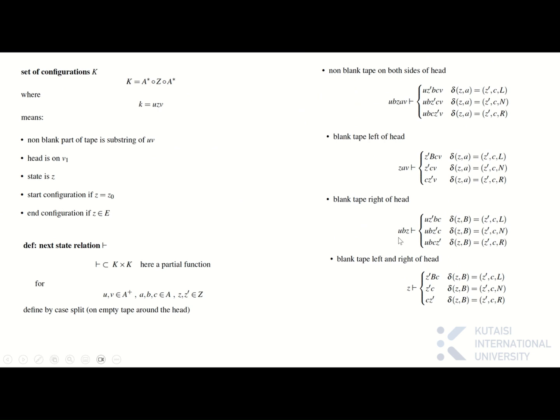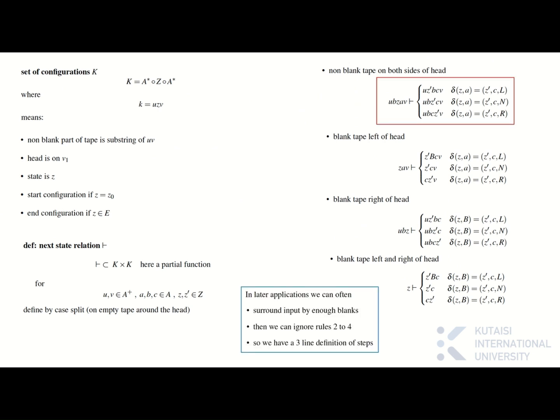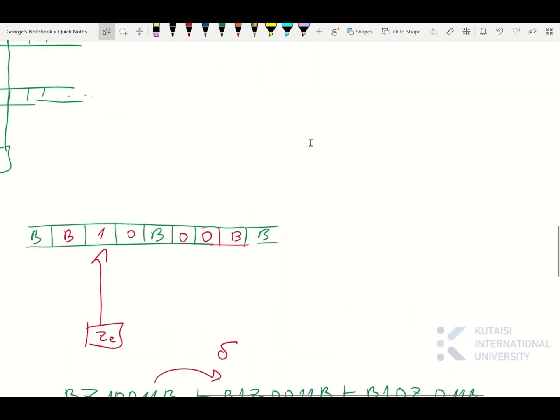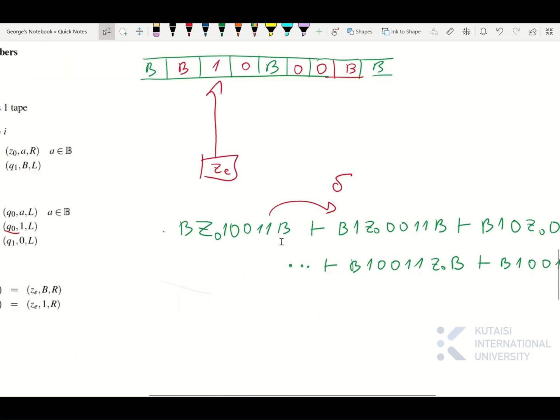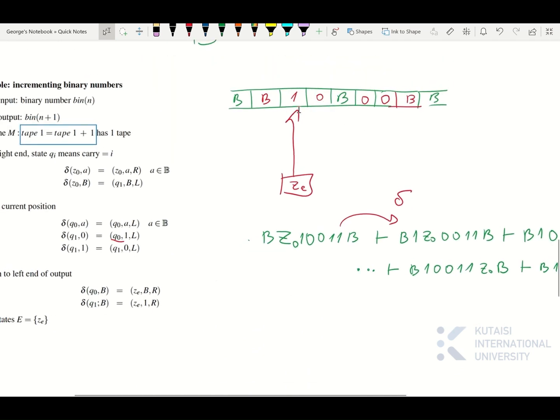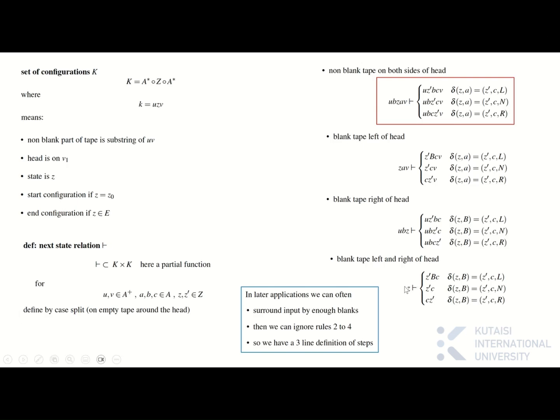But now, let me give you one more assumption, and then there's a break, and you can ask questions. See in our example above, when we were incrementing by 1 and I used my red pen, you can see that we never touched this green B or this green B. So if you have an input and you surround it with enough B's on either side, you can always consider that this situation never arises.